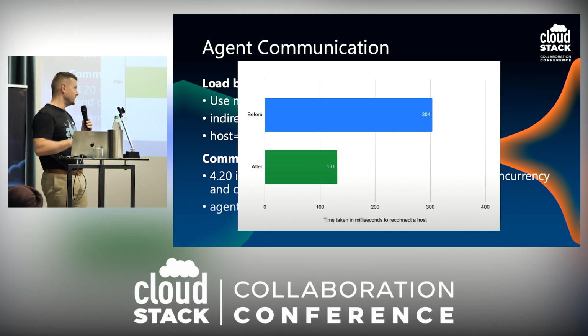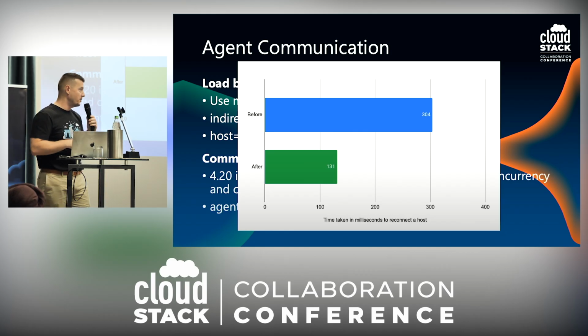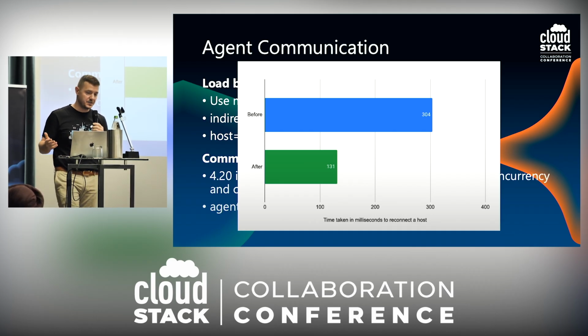If you simply look at it, it doesn't look like much, from 0.3 of a second to 0.1 of a second. But if you put that at the scale of thousands of hosts, that is actually a lot, because you are reducing this enormous queue by half and more, which is a drastic change.